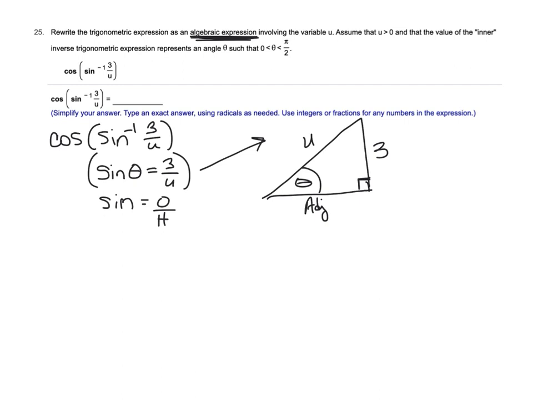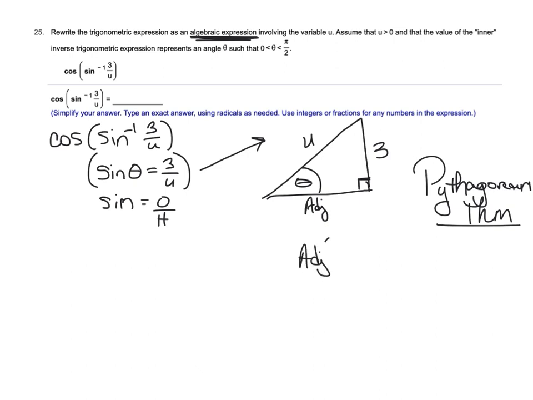Okay, so if you remember the Pythagorean Theorem, you do the two small sides. That says the adjacent squared plus 3 squared should equal u squared. And let's solve for the adjacent.